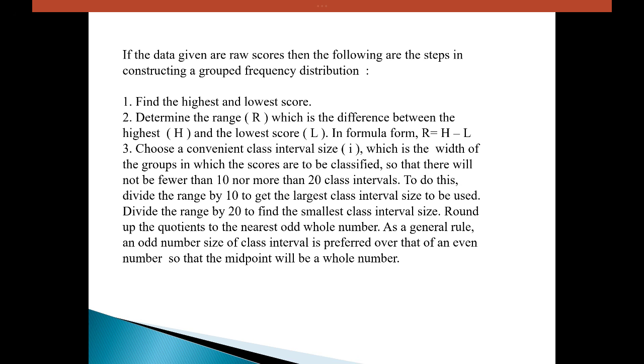Step number 2, you determine the range. How do you determine the range? You subtract the lowest from the highest. So H minus L will give you your R, or your range.